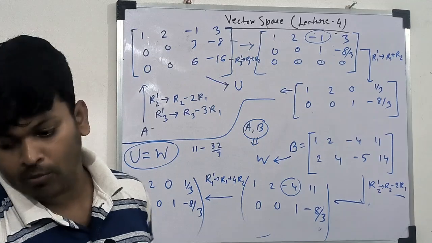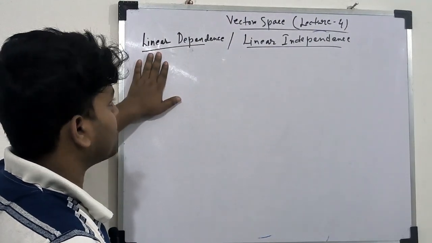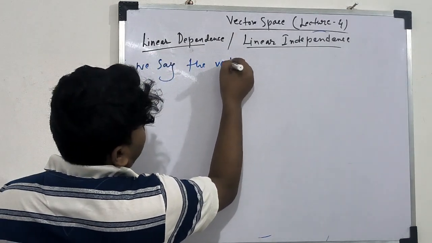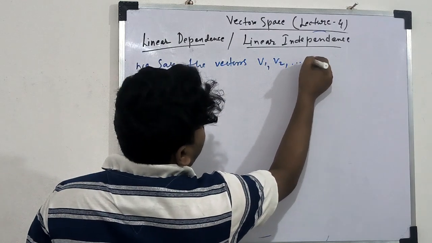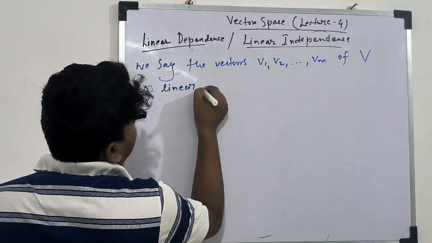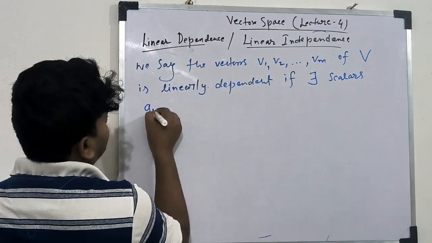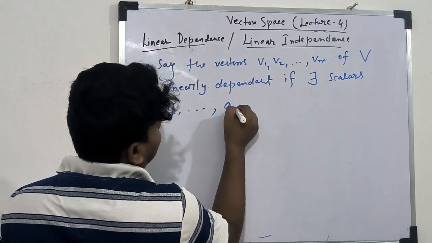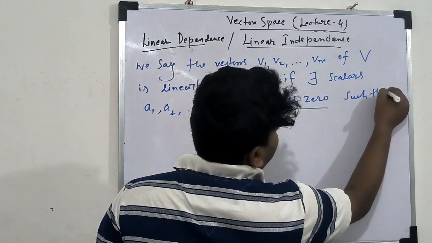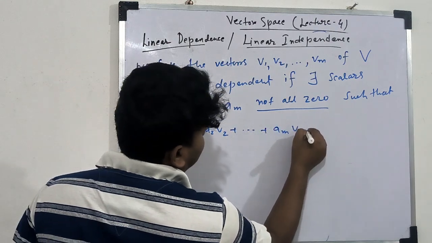Okay, this is a very important problem for your upcoming examination. Now we discuss a very important thing, that is linear dependence and linear independence. So we say the vectors v1 v2 dot dot vm of a vector space V are linearly dependent if there exist scalars a1 a2 dot dot am not all 0 such that a1 v1 plus a2 v2 plus dot dot am vm equal to 0.